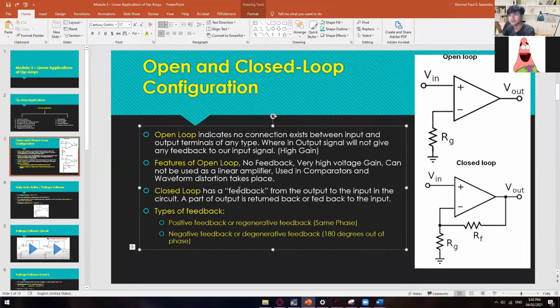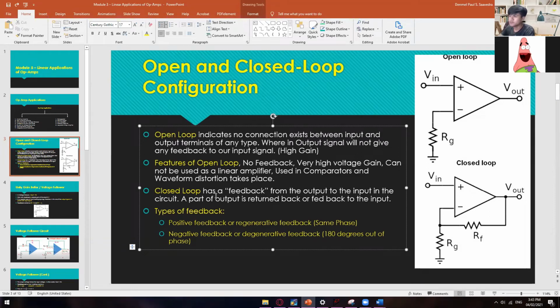So it has a consequence, not only pros, wherein you're getting a high gain, but at the same time you're also getting a high noise level on your waveform. So that's it for the open loop.